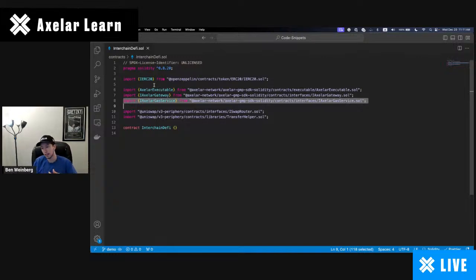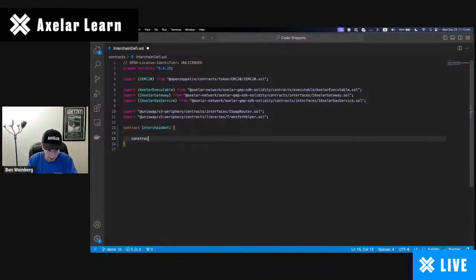Just to clarify, that doesn't mean that we're getting subsidized in any way by Axelar. The money's still coming out of our pocket. It's just coming out in the form of the token of the source chain. And you'll see us using the gas service throughout this demo. Then we import our Uniswap helpers, which we'll use to actually interact with Uniswap functionality. So let's get to it.